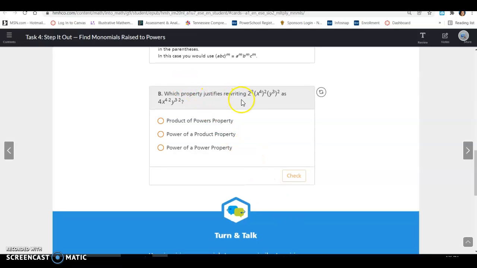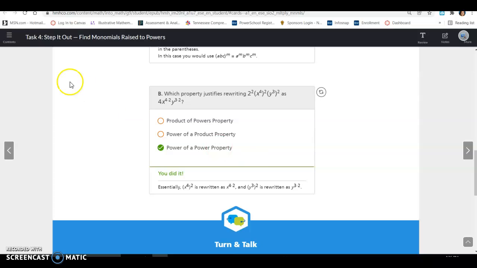Which property justifies rewriting 2 squared, x to the 4th squared, and y cubed squared as this? So what they're doing is taking a power to a power, and that means they multiply the exponents. So that is the power of a power property. Alright, that's all for task 4. If you have any questions, let me know.